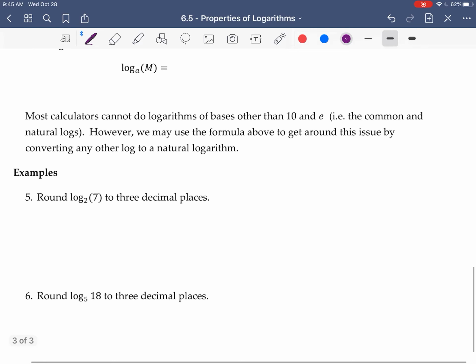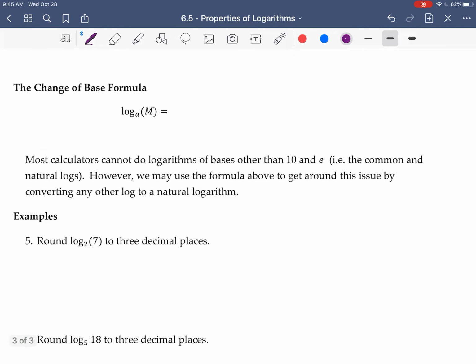Another log rule is the change of base formula. If I have log base a of m, but I want the log in a different base, for instance base e or base 10, because my calculator can handle those ones, I can switch to log base b of m, for any base b, as long as I divide by log base b of the old base.